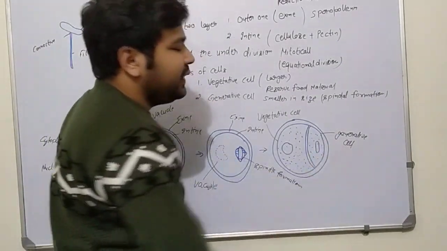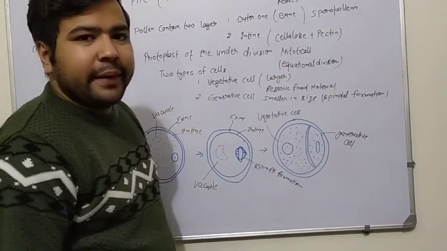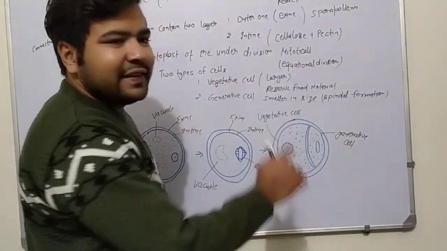The generative cell undergoes division and forms two gametes. This stage is called the three cell stage.